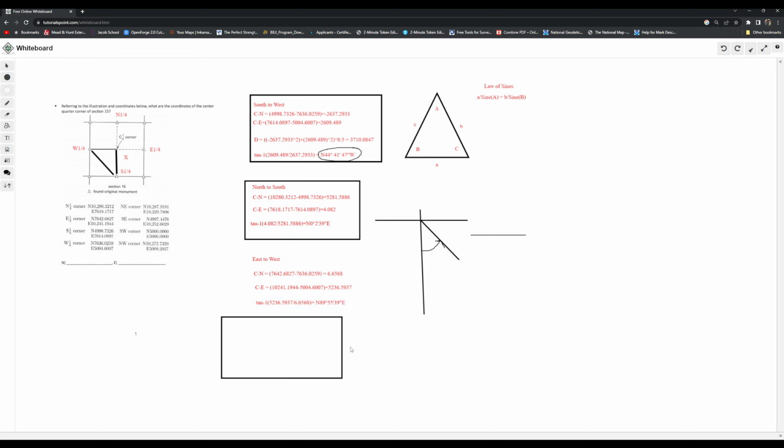I didn't say I was a scholar, so please take this with a grain of salt. I at least know that I got this answer right. So this is north, south, west, east. We know that that is going to be like right here.